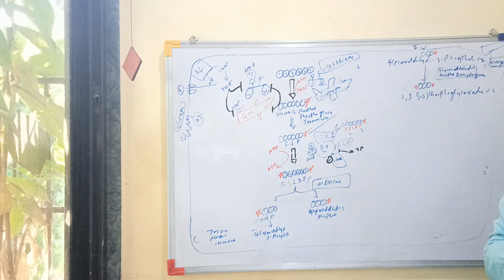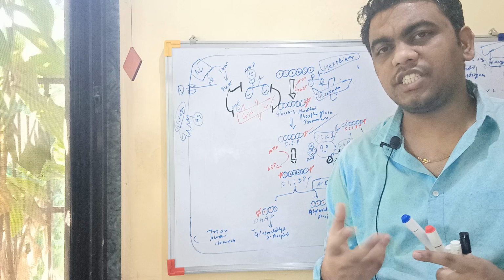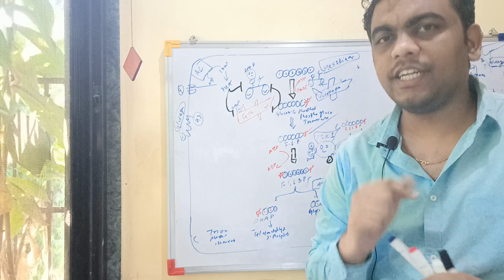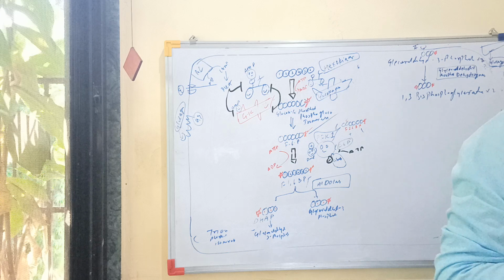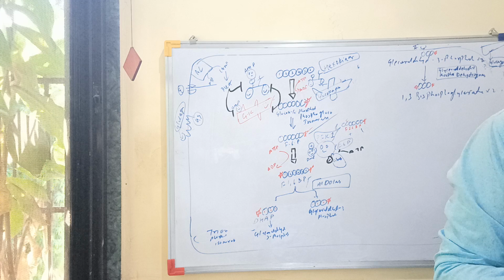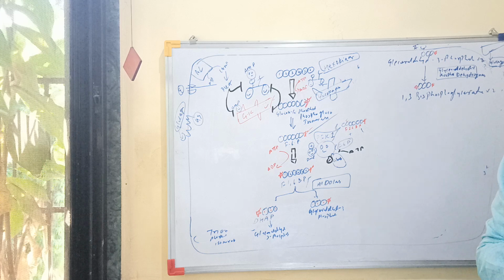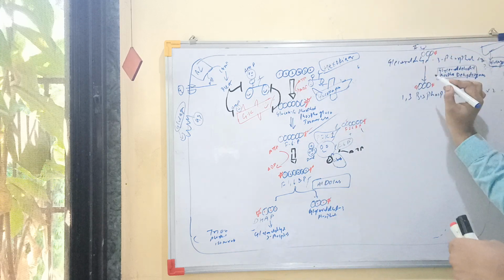Now, when we talk about dehydrogenase, that means something is related with hydrogen. There is a dehydrogenation reaction. We have studied in enzymes what a dehydrogenation reaction is. Correct? When we talk about glyceraldehyde 3-phosphate dehydrogenase, it does two things. This is kind of an oxidation step. Let me tell you.